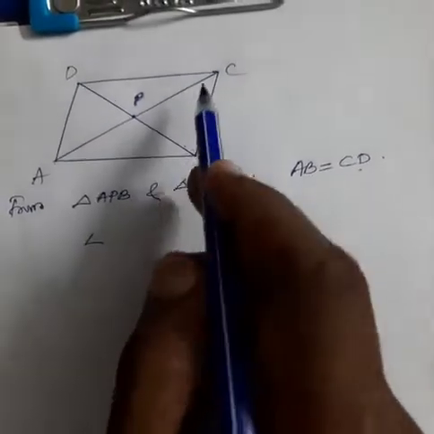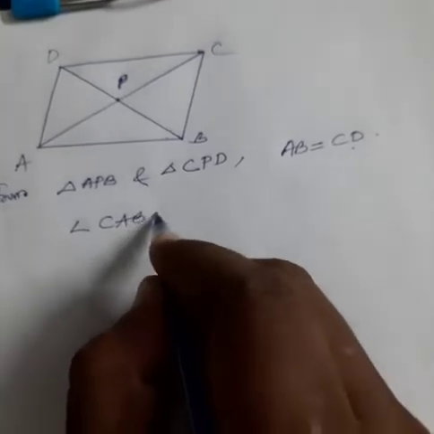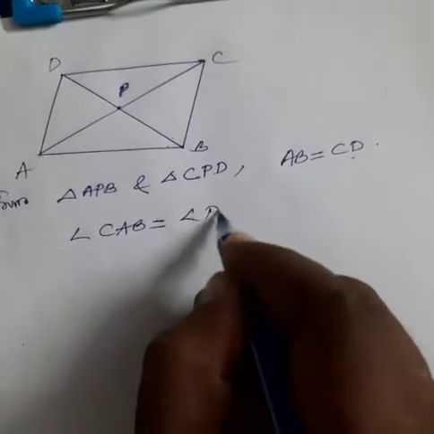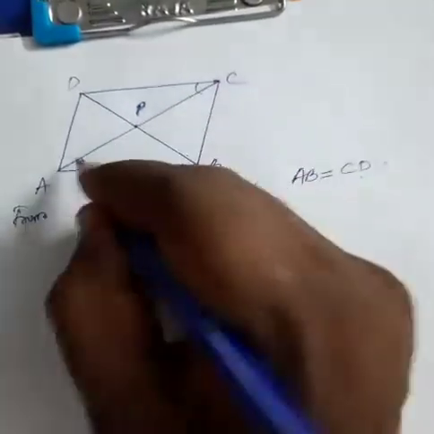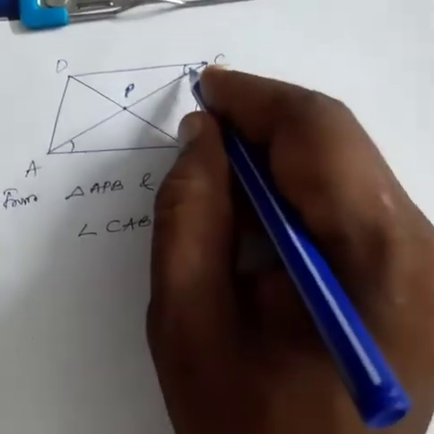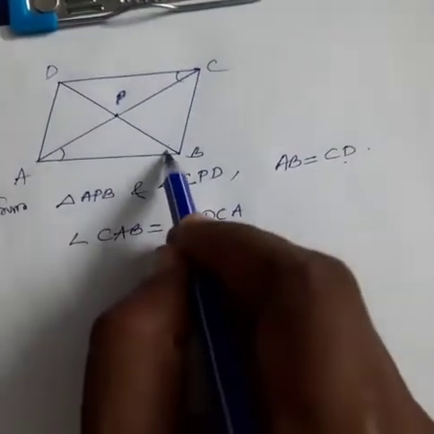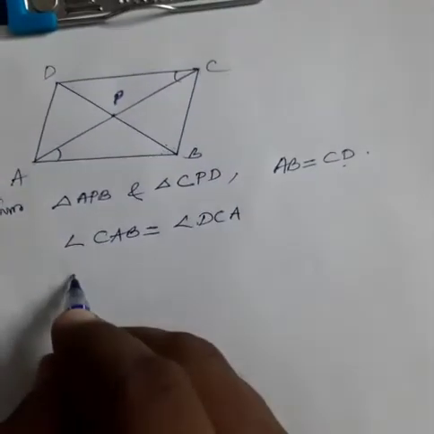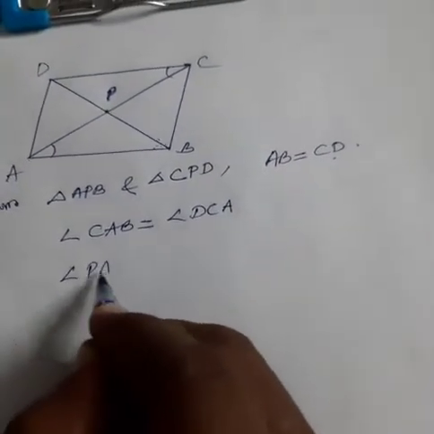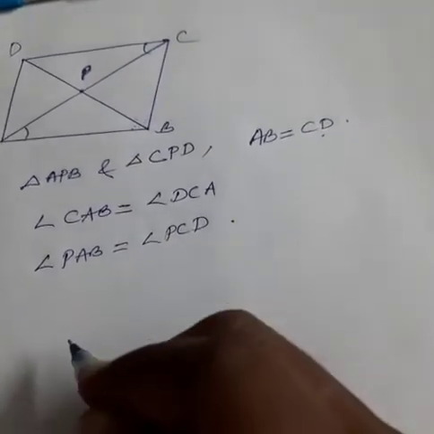Then angle CAB is equal to angle DCA, so angle PAB is also equal to angle PCD.